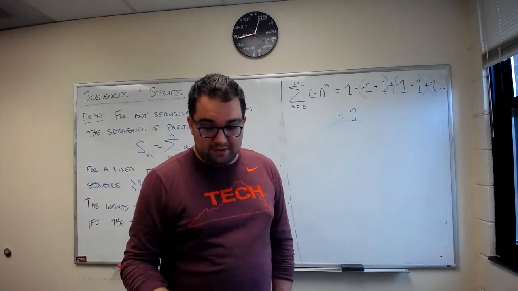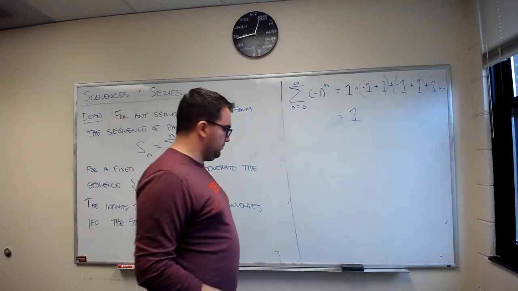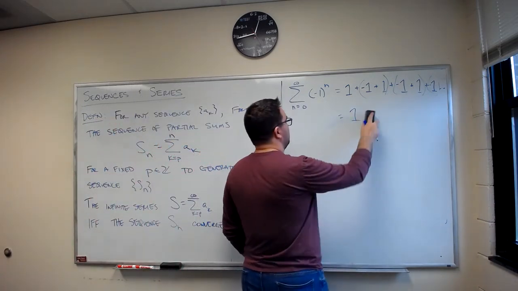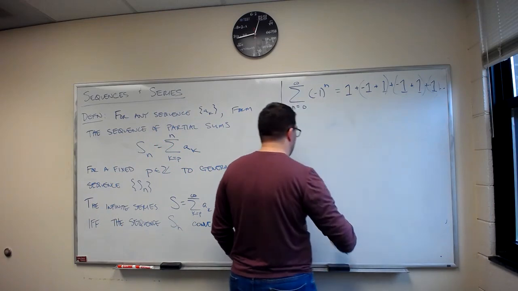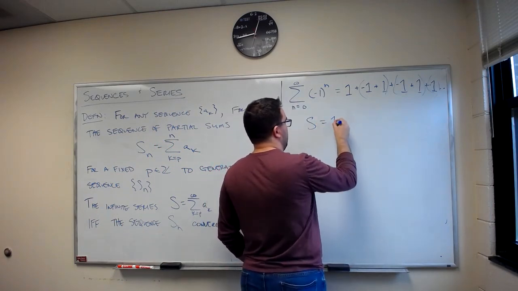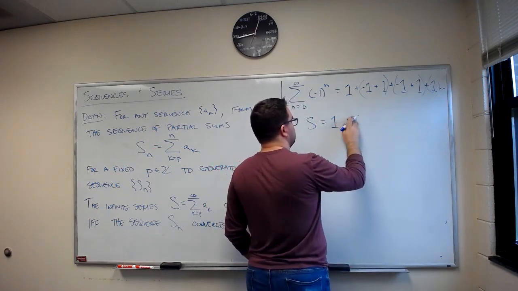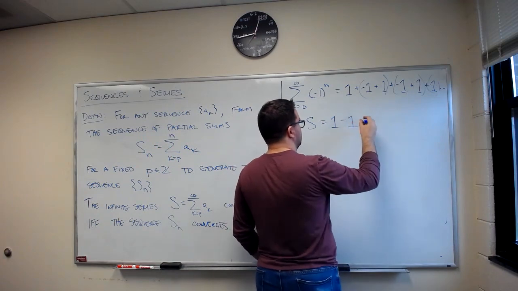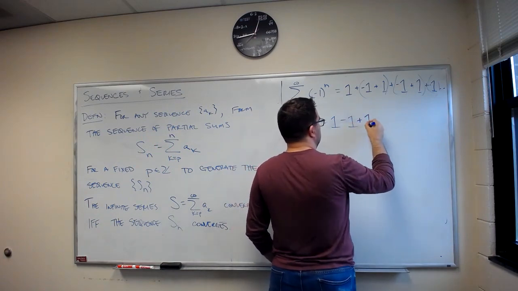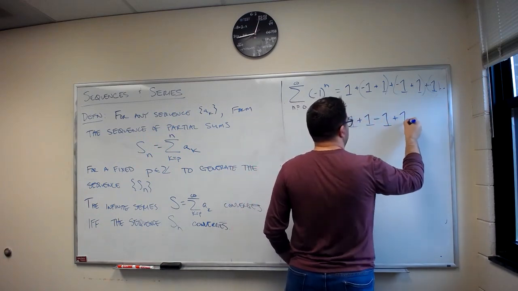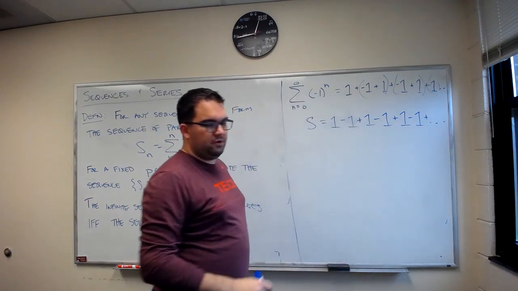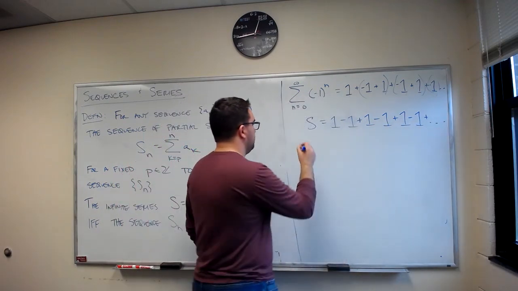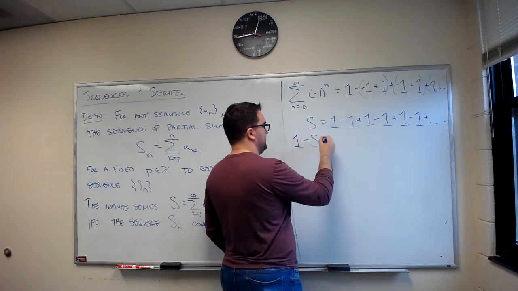And then if you really want to mess with them, and in the book they mention this briefly, another way to look at this is to say, well, I don't know exactly what this thing is, but let me call it S. Let me write this, and instead of plus negative, I'm just going to write minus, and so on and so on. I don't know what the sum is, but let me call it S. Now let me look at what 1 minus S would be equal to.